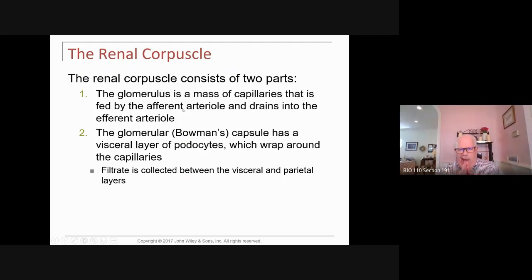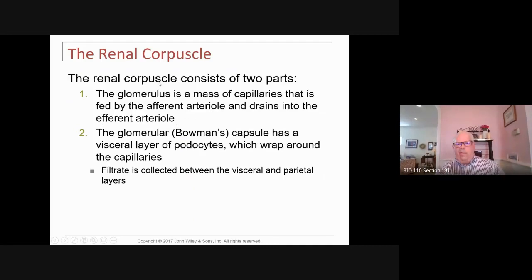Usually, when you have a structure like this, there is an ingoing arteriole and an outgoing venule, but not in the glomerulus. The glomerulus is controlled by arteries. There are no veins in the glomerulus. You have an ingoing arteriole and an outgoing arteriole.